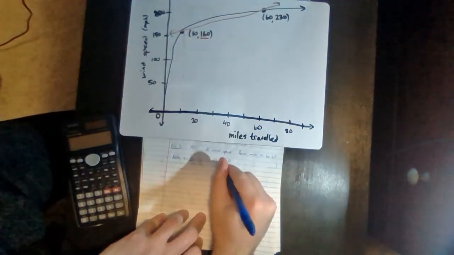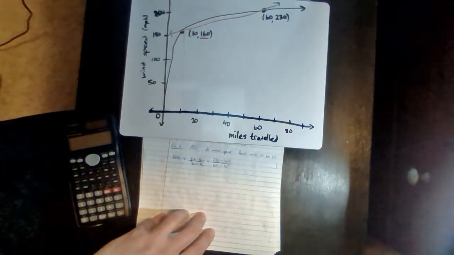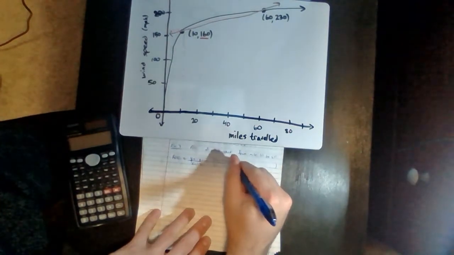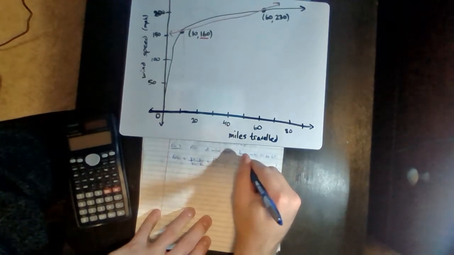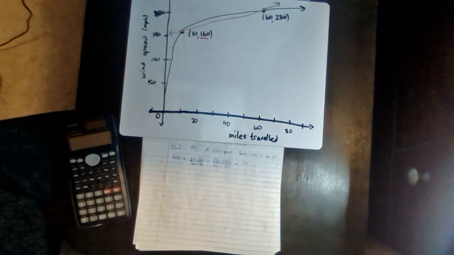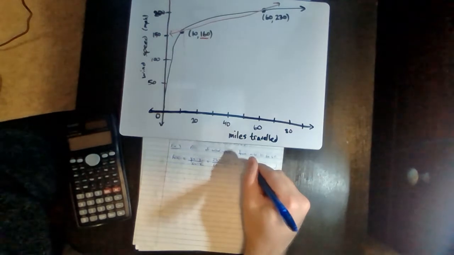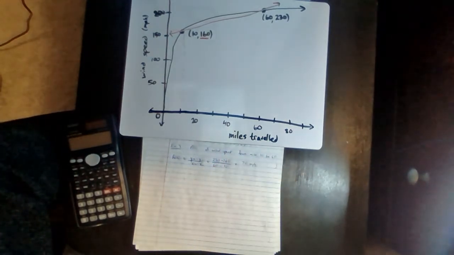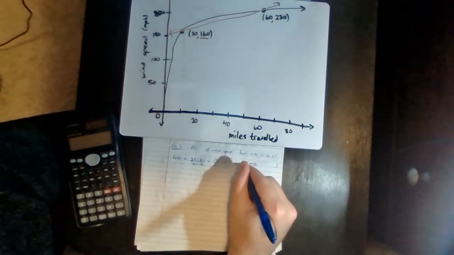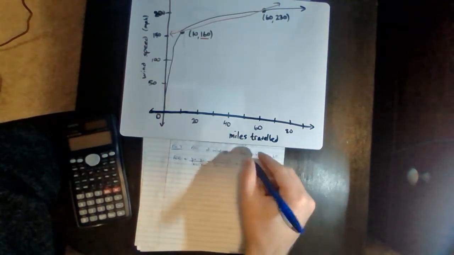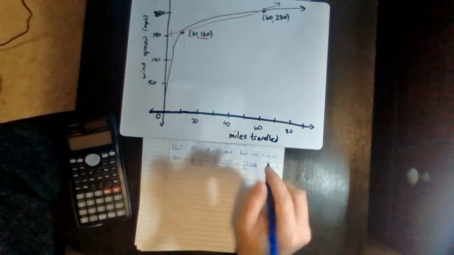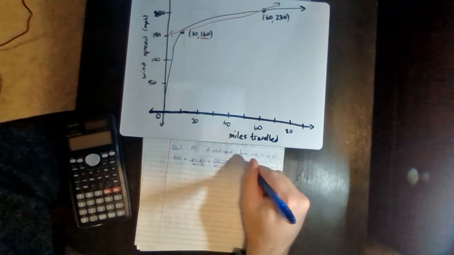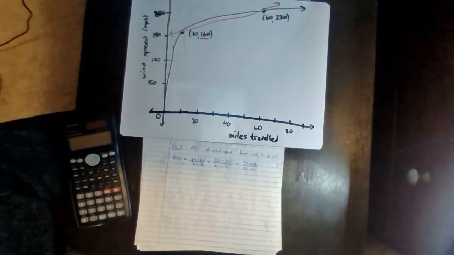Our first x value is 10. 230 minus 160 is 70. So that's 70 miles per hour. 60 minus 10 is 50. And again, those units are miles. So 70 miles per hour divided by 50 miles.